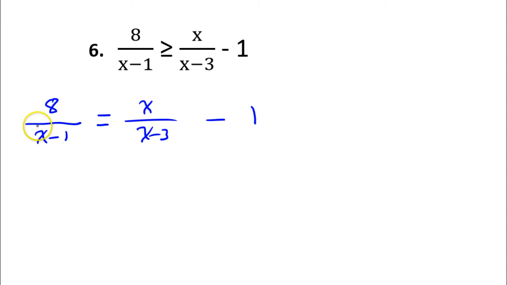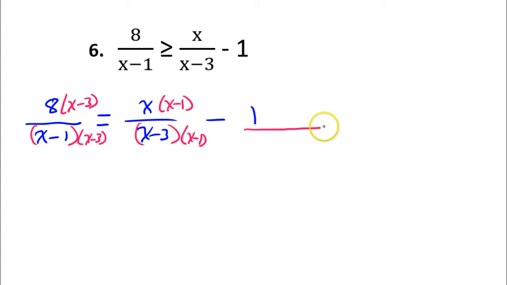So to solve this equation, I want to make all the denominators the same. So I'm going to put in x minus 3 in the first fraction, numerator, denominator. I'm going to put in x minus 1 in the second fraction. Now this 1 has to also have the like denominator of everybody else.